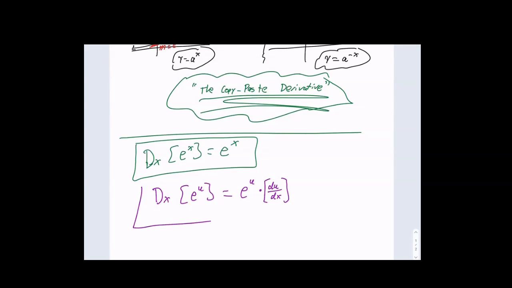So you copy the exact thing you see, and then times the derivative of the baby. So you have to multiply by the derivative of what's up top. The same thing for e to the x is really just e to the x times the derivative of x, and the derivative of x, of course, is just 1. So it's e to the x times 1. So the chain rule is copy paste. Don't forget the baby.